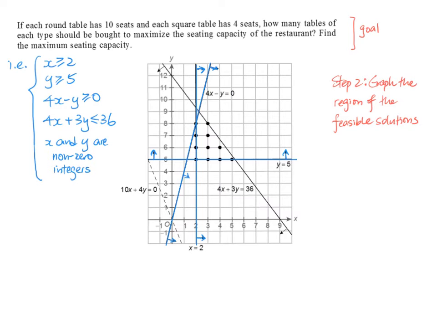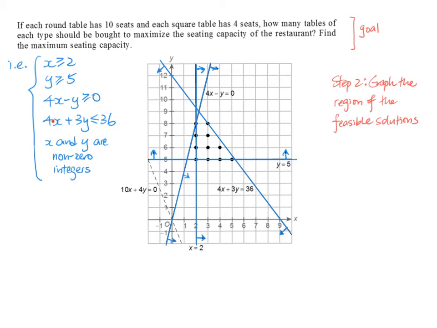That gives 4,000, which is greater than 0, so we point to this part. If we use 0, 1,000, that would be negative 1,000, which is wrong for this inequality, so we choose the opposite.